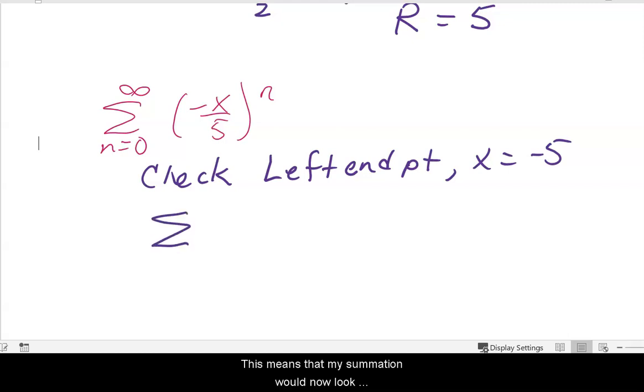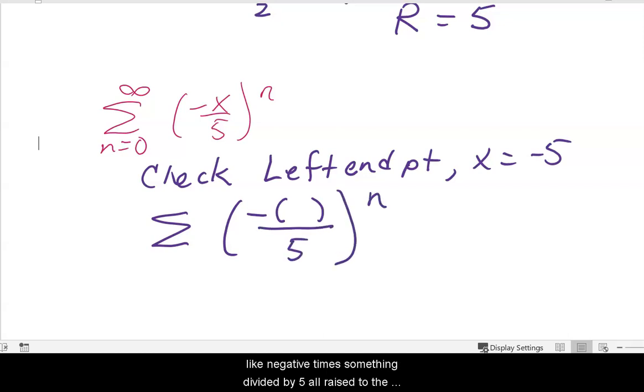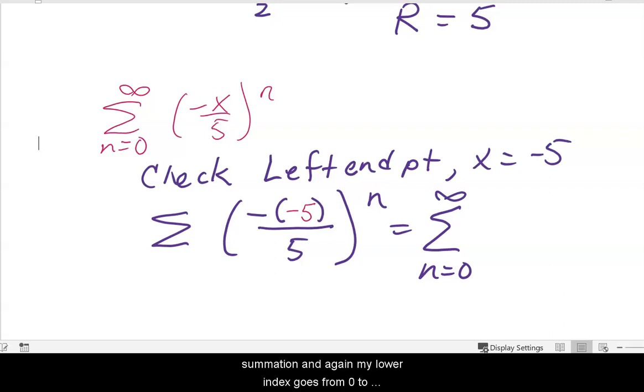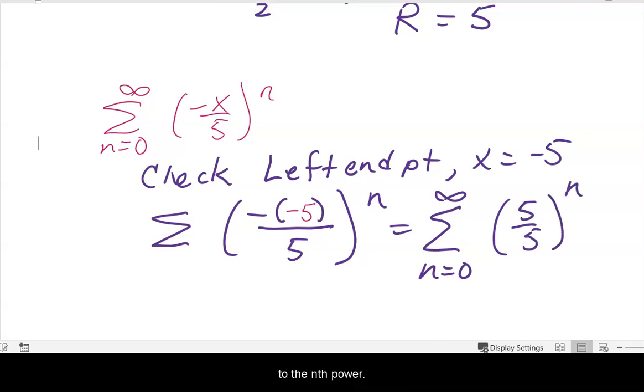This means that my summation would now look like negative times something divided by 5, all raised to the nth, and I would replace this with -5. When I replace it with -5, this leads to the summation, and again, my lower index goes from 0 to infinity of 5 divided by 5, since a double negative gives me a positive, to the nth power.